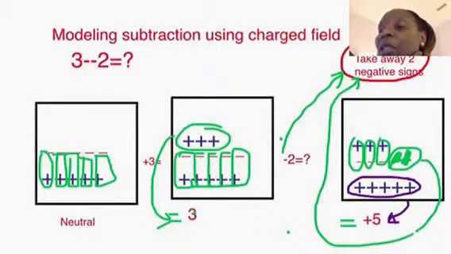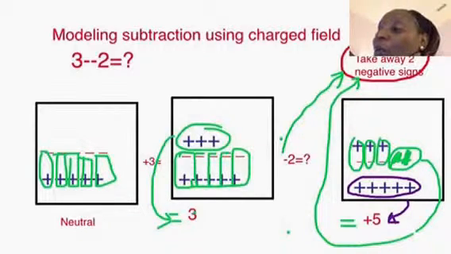We add 3, so we have our 3 there. And now we subtract 2, meaning take away 2 negative signs. So we have the 5 and 5, and then the positive 3, and we take away 2 negatives.